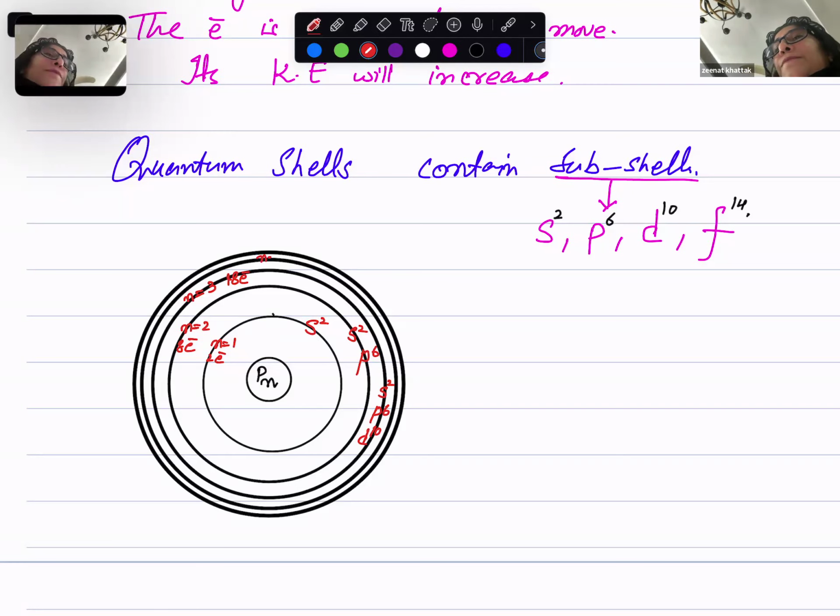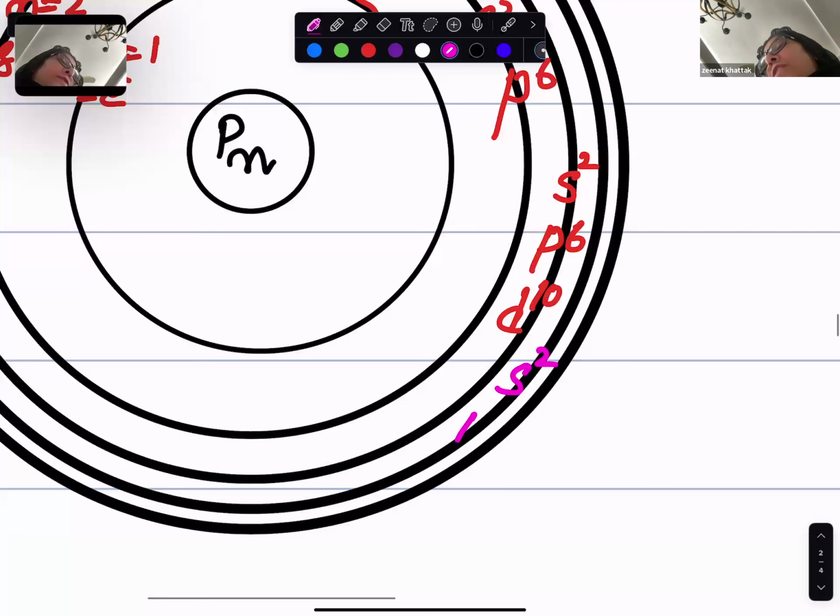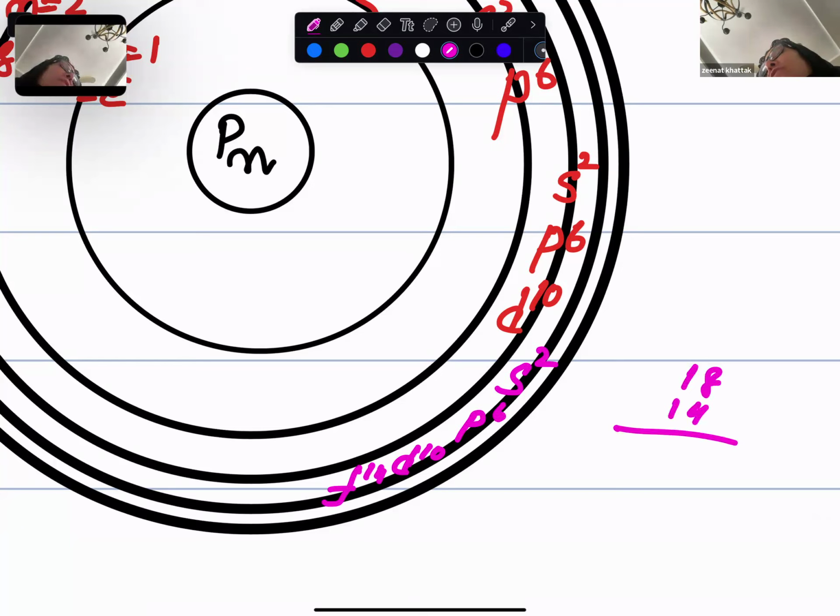And for the fourth: 2 electrons in s, 6 electrons in p, 10 electrons in d, and 14 electrons in f. It's how much? 18 plus 14, it's 32. Yes, 32.